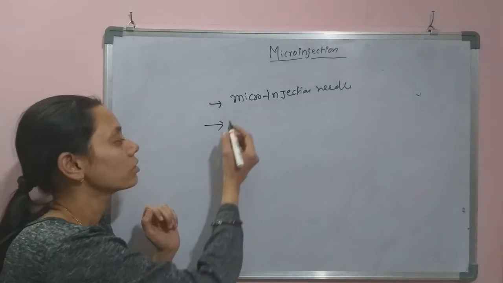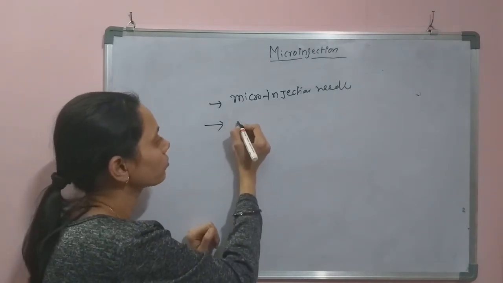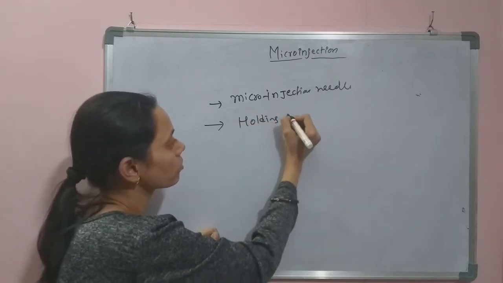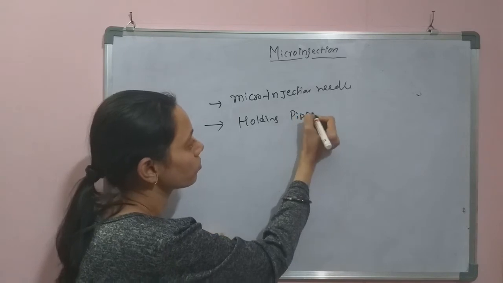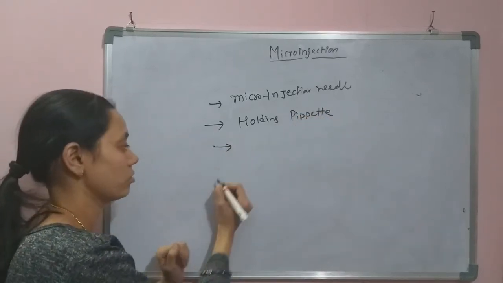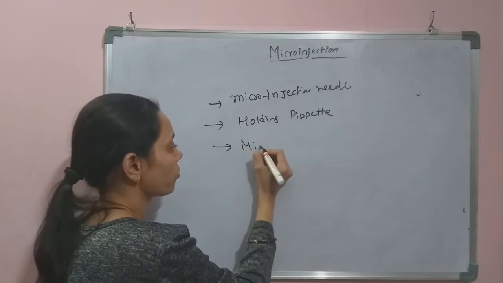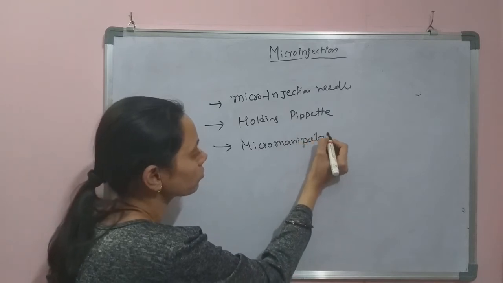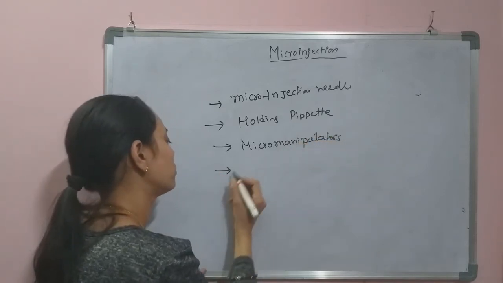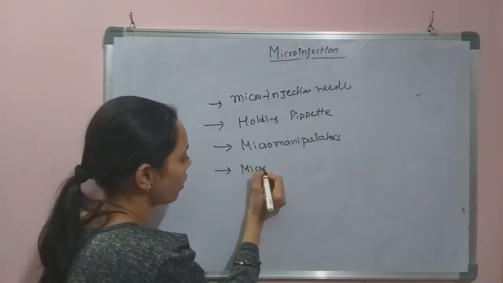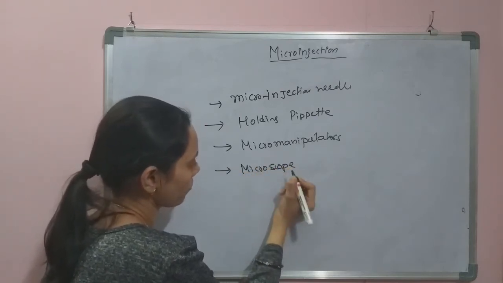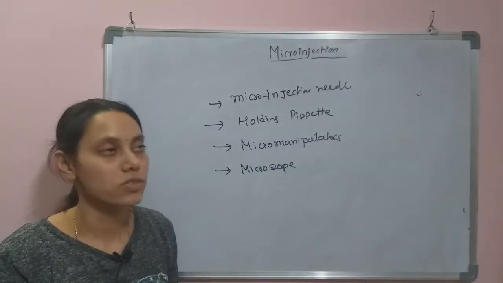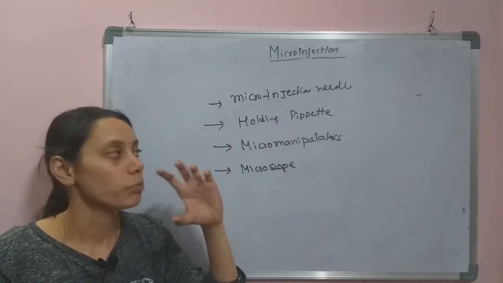injection needles. And there will be a holding pipette, and there will be the support of two micromanipulators, and there is the support of a microscope. Basically, this microinjection needle will introduce the DNA into the host cell, while the holding pipette will position the host cell.